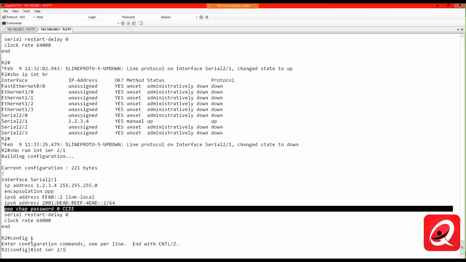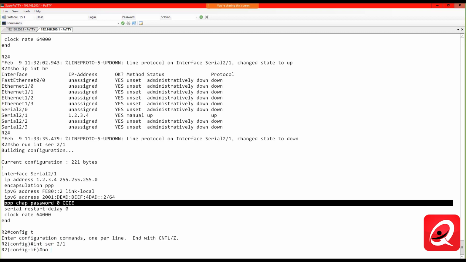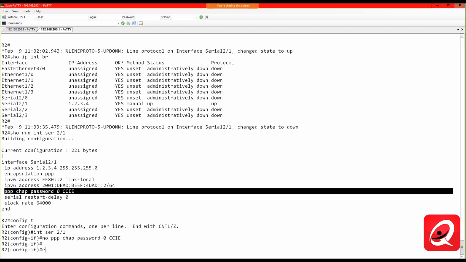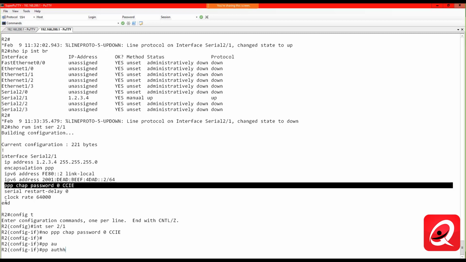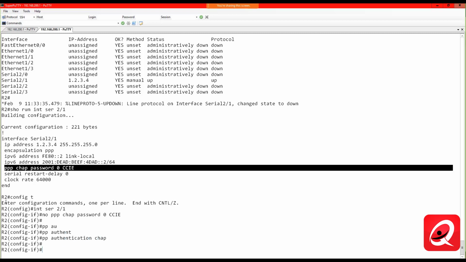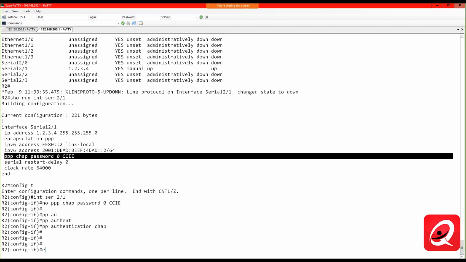So I'm going to go to interface serial 21 and do no PPP CHAP password, and I'm going to specify PPP authentication CHAP. This is what you would do in most cases for a point-to-point serial link in a production environment. You would do mutual authentication. You would authenticate the router on the left, and you'd authenticate the router on the right.